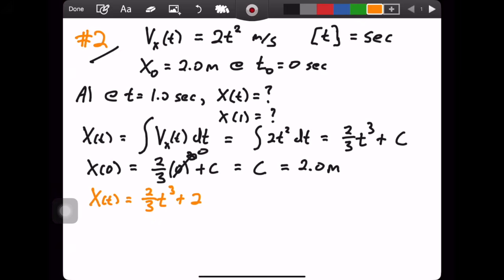And so now if we're asked, okay, what is the position x as a function of time when t equals 1 second?